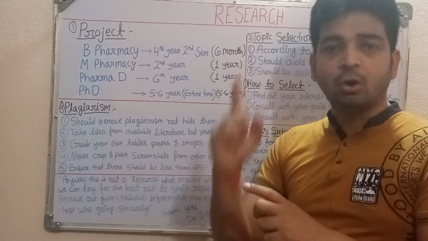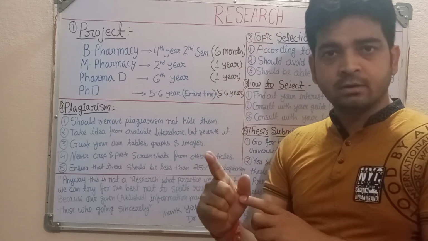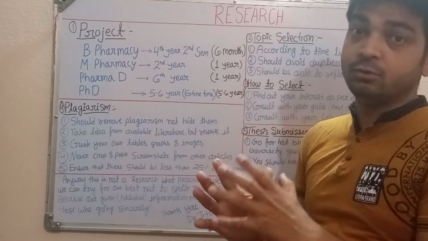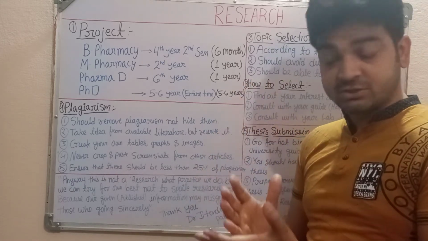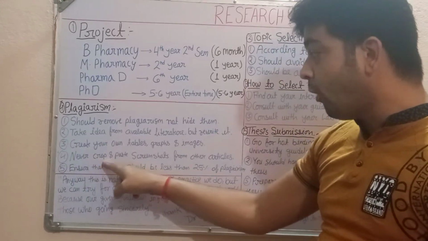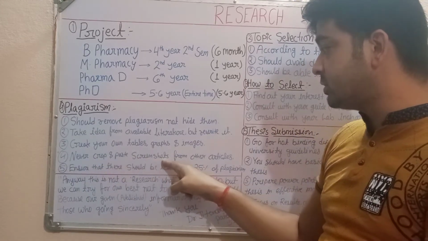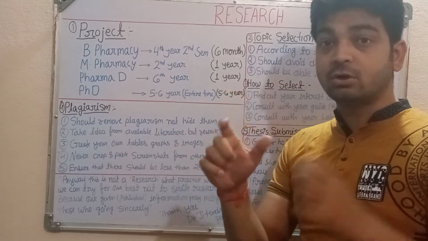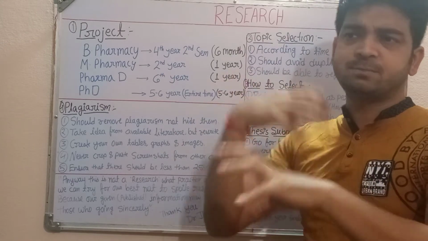Don't try to download it from Google, or take a screenshot from any article. It is again going to be problematic during plagiarism checking, and first of all, it is not ethical. Okay, never crop or paste screenshots from other articles. Don't take a screenshot or crop and paste for explanation purposes.